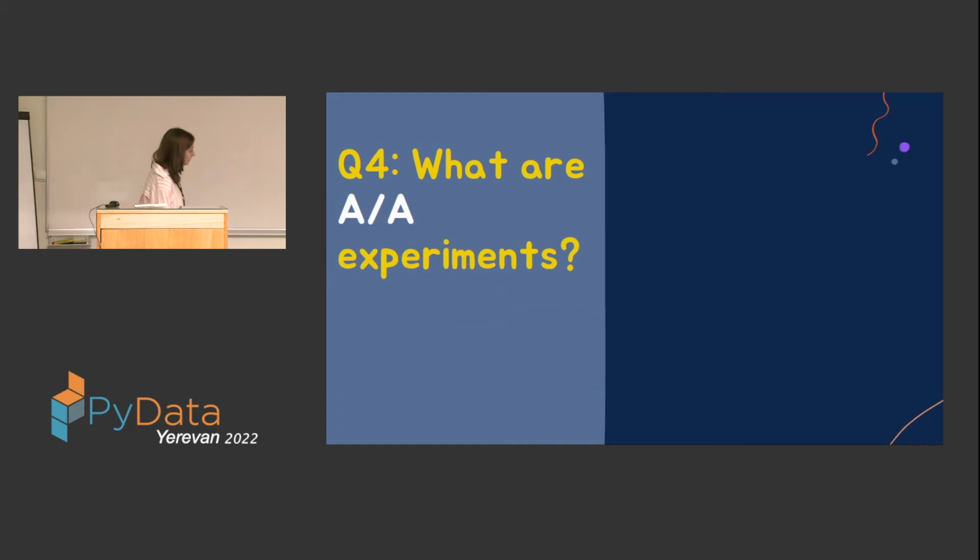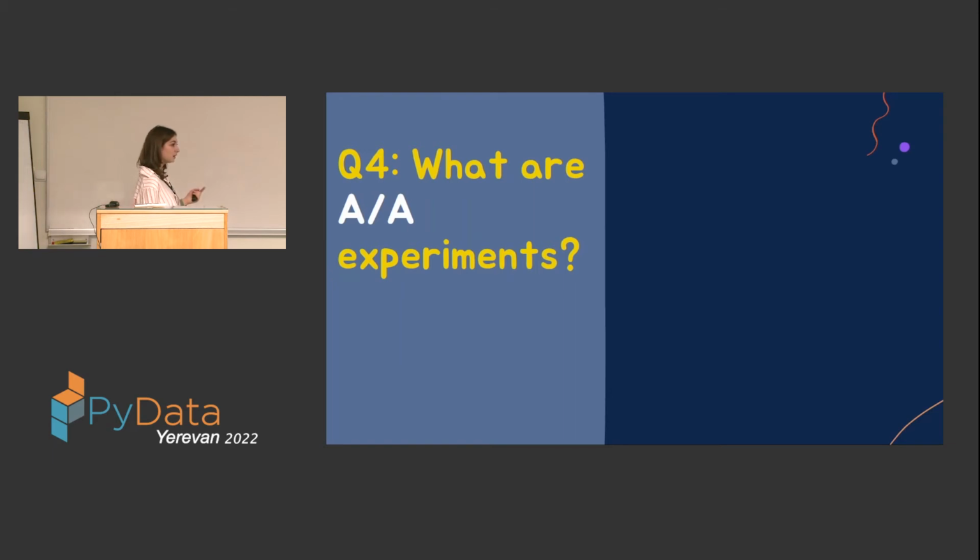What are AA experiments? Sometimes people do this experimentation before running A/B experimentation. This helps to understand whether your technical setup is working. If you see the alternative hypothesis winning in an AA experiment, where both groups are seeing the same variant, and the second group is performing better, maybe your randomization is broken on the code side.